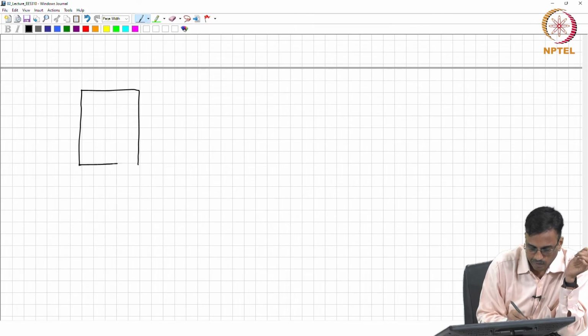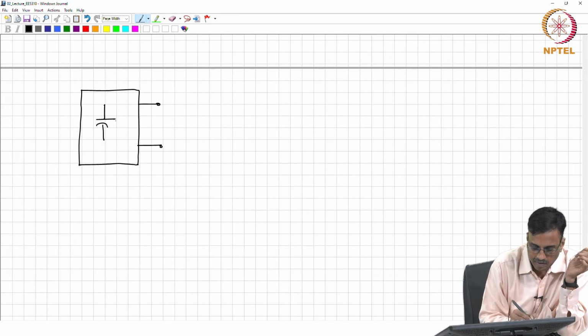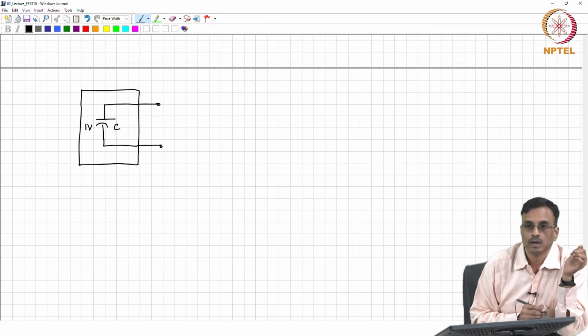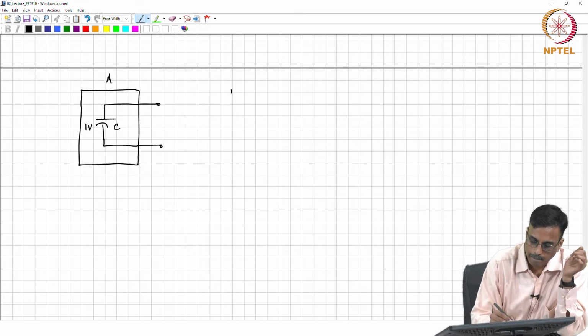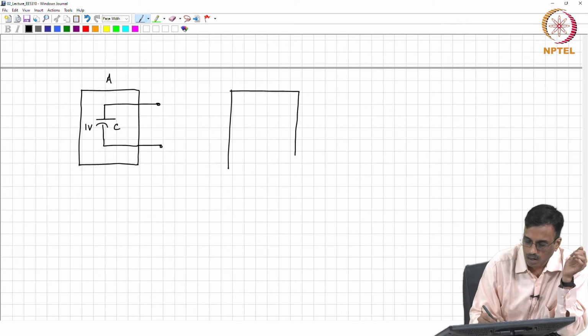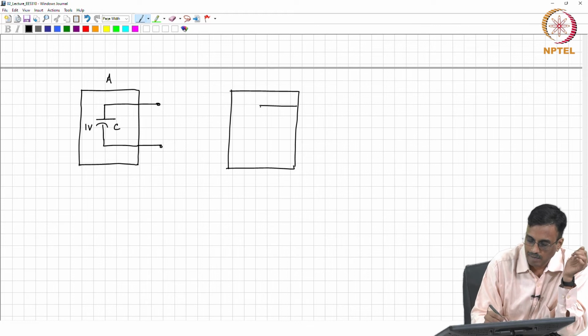Let us say I have black box A where I have a capacitor C charged to a voltage of 1 volt. This is box A. Now, I have box B where I have a battery whose voltage is 1 volt.